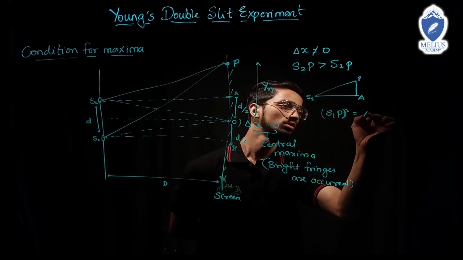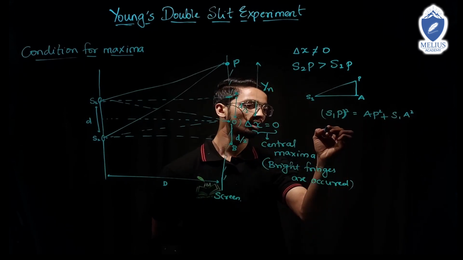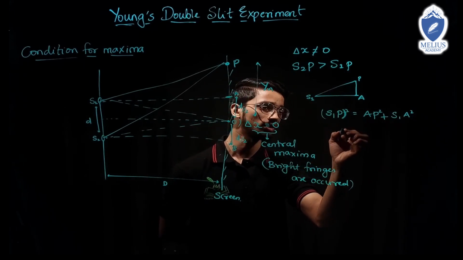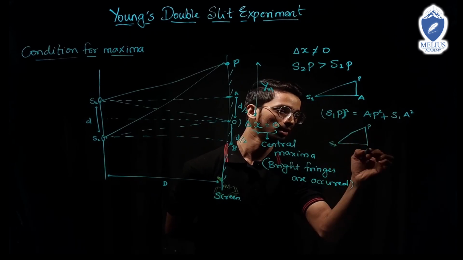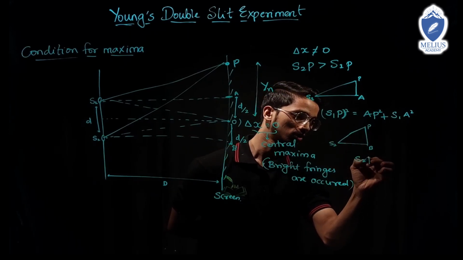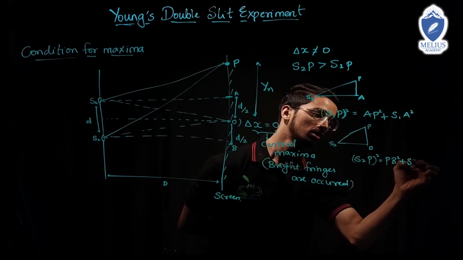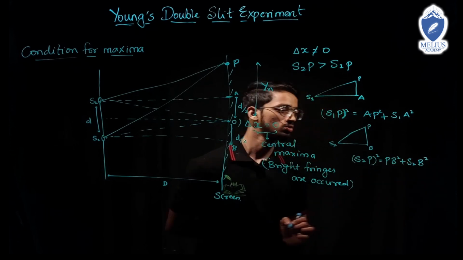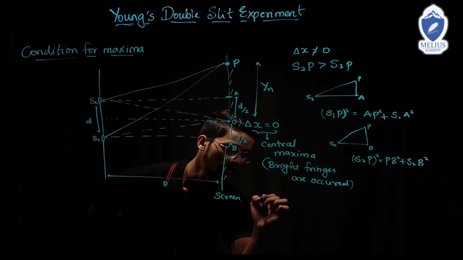S1P square is equal to AP square plus S1A square. Similarly, in the other triangle, S2P square is equal to PB square plus S2B square. From here, we'll find the path difference.